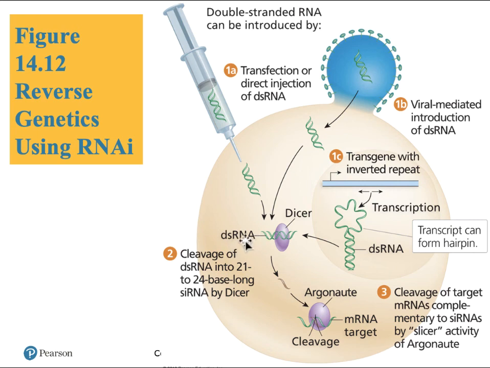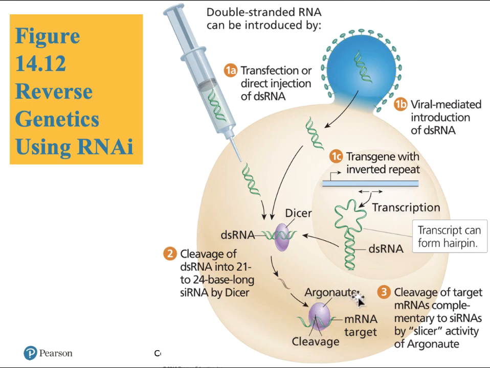Once that double-stranded RNA has been identified by DICER, DICER will cut up that piece of double-stranded RNA on both sides, trimming it down to a size of between 21 and 24 base pairs long. Then one of the strands will be digested away completely. So the only thing that Dicer holds onto, Dicer is a protein, is a small fragment of single-stranded RNA.